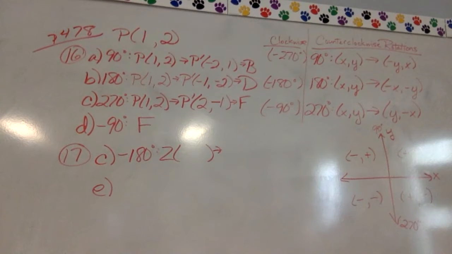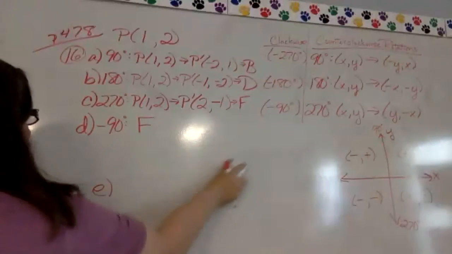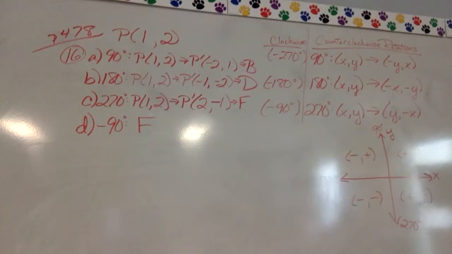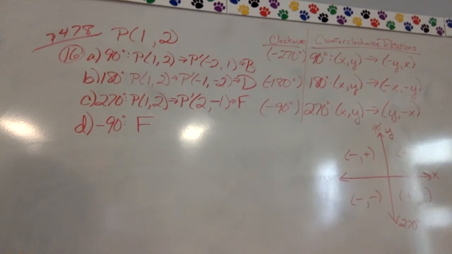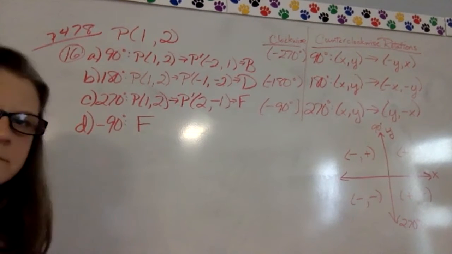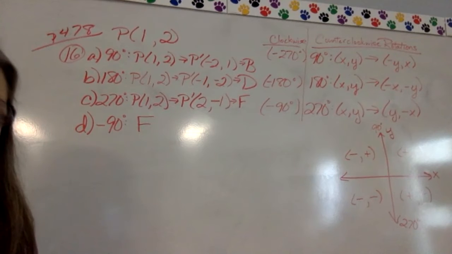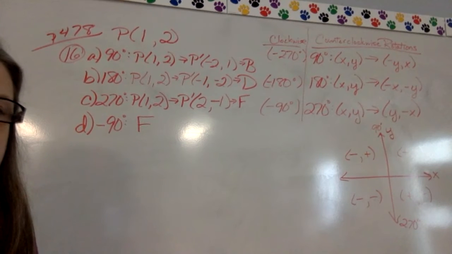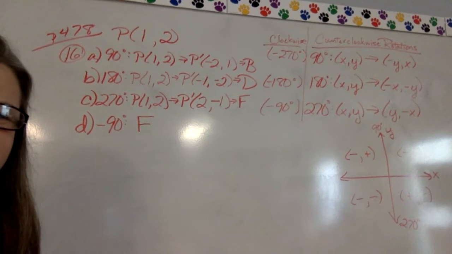All right, we'll go to 18. That one's nicer. It says express each clockwise rotation about the origin as a counterclockwise rotation and state the corresponding map rule. Well, should you all be able to do number 18? Because number 18 is basically just copying down your notes.